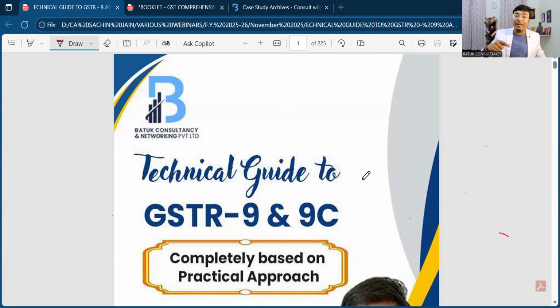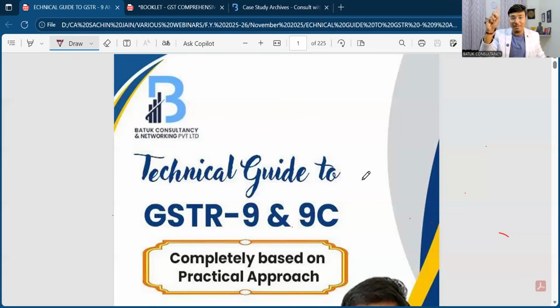And based on that, the departmental authority may go for a deeply analytical review of your books of accounts. And if your GSTR 9 and 9C are perfectly filed, there may be chances that the departmental authority will form a first view about your business, about your client, that everything is fine because the 9 and 9C are filed perfectly.